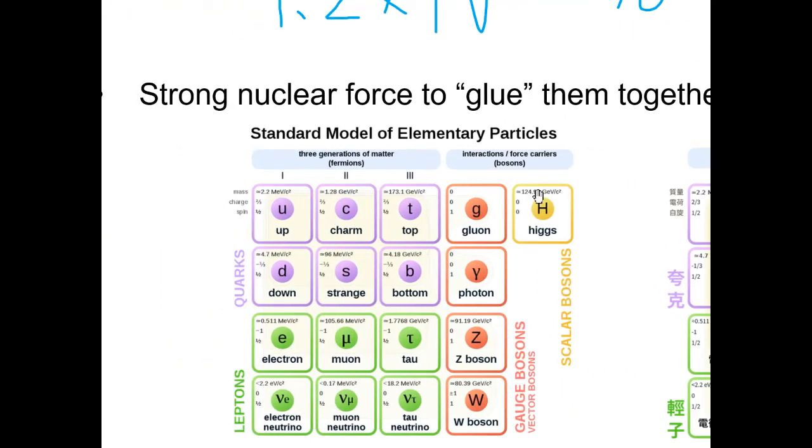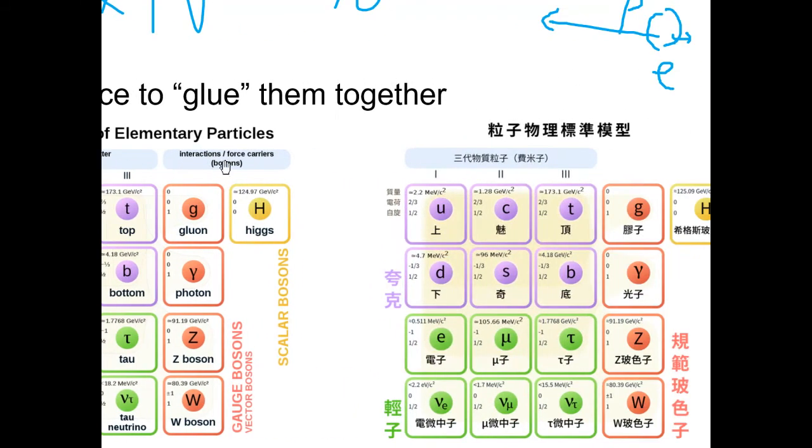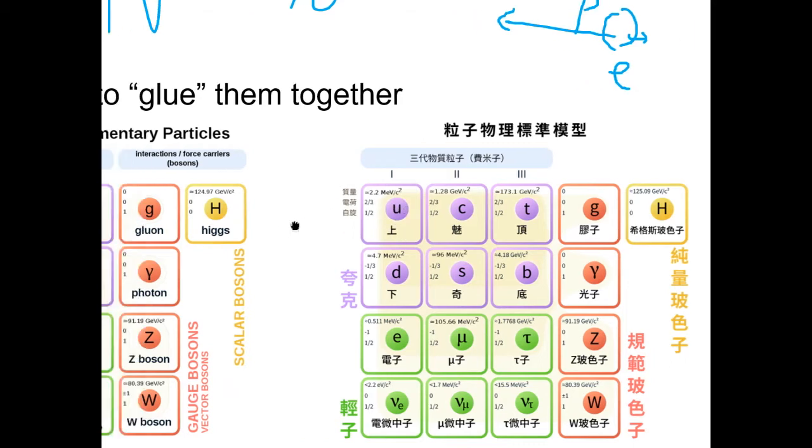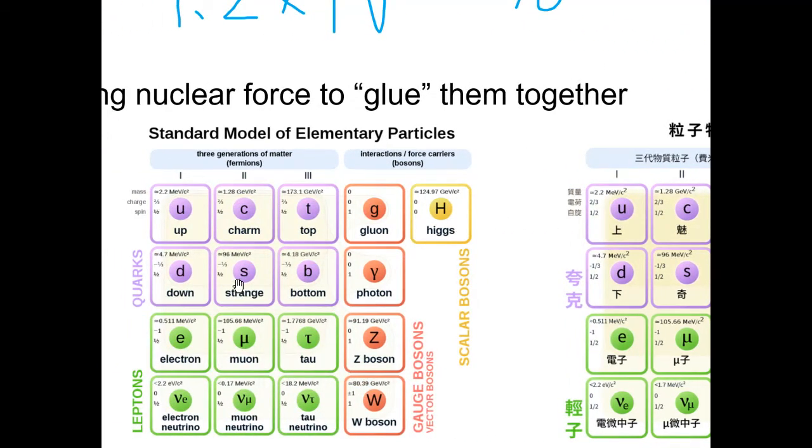So you may have heard of quarks, and the physicists will tell you that a proton is actually some up quarks plus some down quarks, and then it forms the proton. And the neutron is a number of up quarks plus another number of down quarks, and then it forms the neutron.